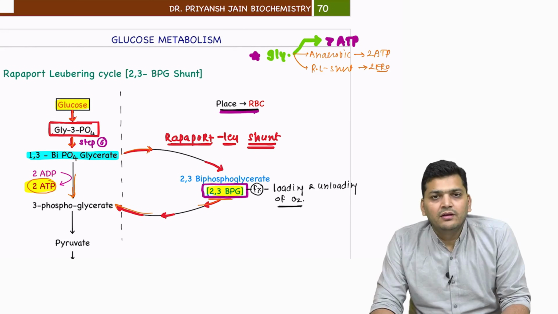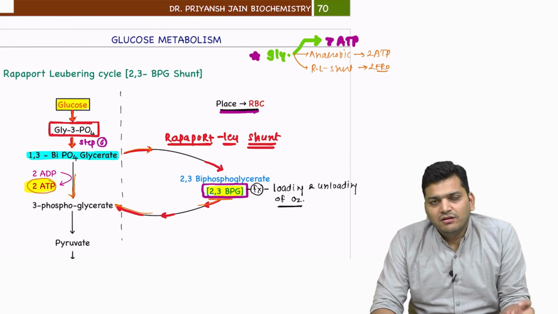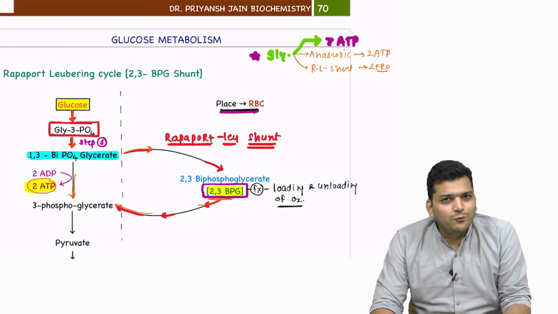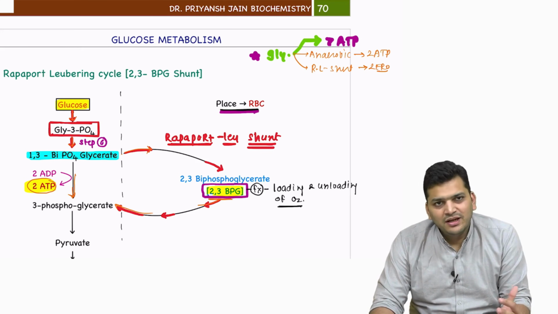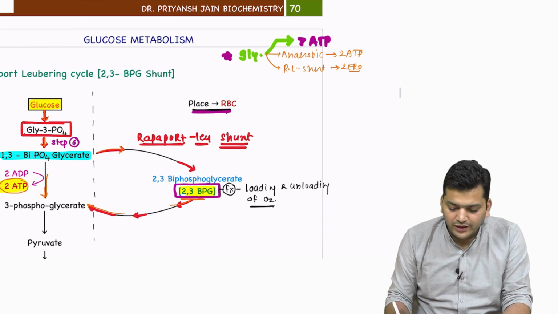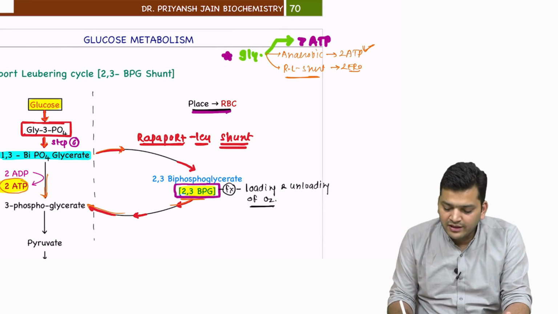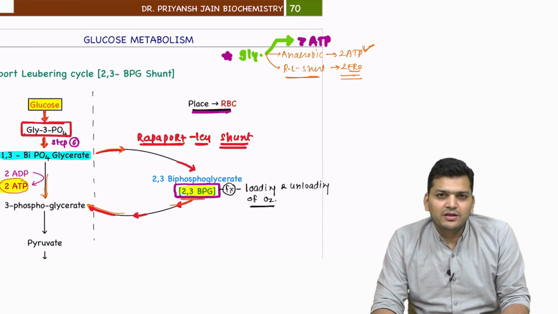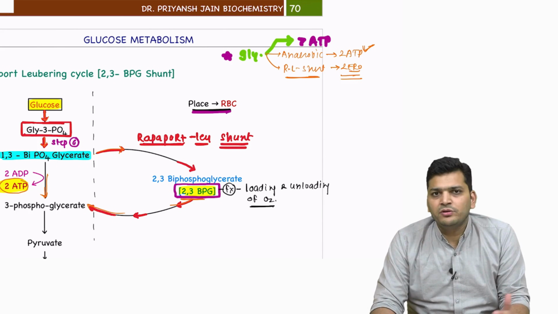And if they say glycolysis in the RBC, how much ATP does that give? See, in the RBC we don't have mitochondria, so we have to do the anaerobic glycolysis. So RBC glycolysis can only give 2 ATPs, and if you do the Rapoport shunt, those 2 ATPs will also not be obtained, so we will get 0 ATPs. So RBC can get 2 ATPs or 0 ATPs, depending on whether the RBC is doing the Rapoport shunt or not.